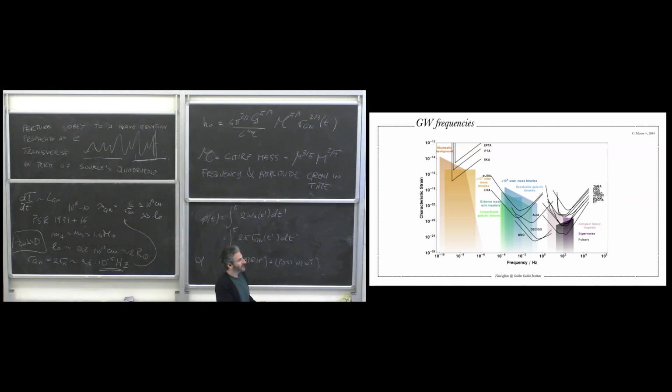Then there are some prototypes, because LISA's sensitivity curve goes up around 1 hertz. The current detectors, or even the future detectors, will have a low-frequency wall around 1 hertz.